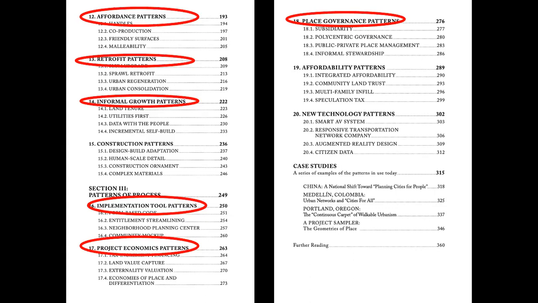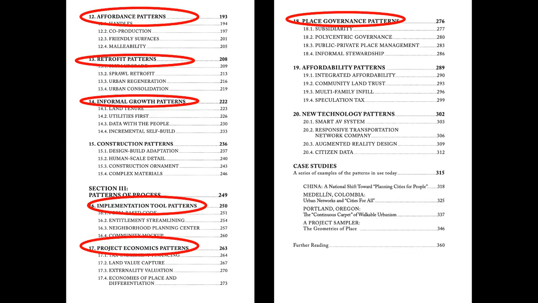Place governance patterns. We talked about the polycentric governance and how important that is. Elinor Ostrom was famous for developing that idea, that it's not just about the government, it's also about all the levels of governance, the institutions, the businesses, the people that are there in the neighborhood and in the city.